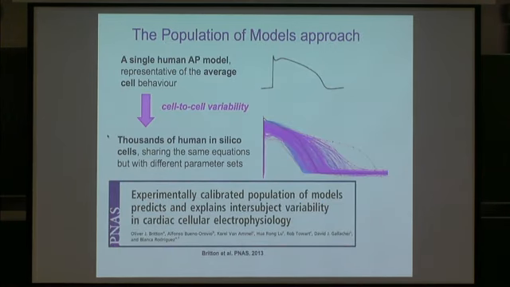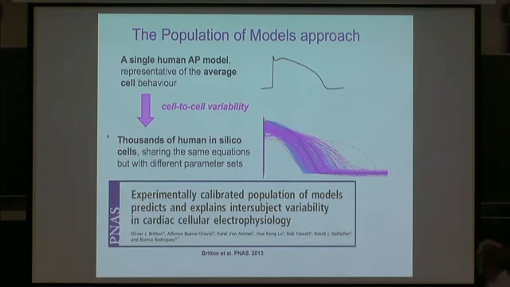So what is this population of models approach? It's very simple. Let's think of it. You have a cell model described by an ordinary differential equation, has a certain formulation, has a number of parameters that maybe are unknown or characterizable to certain stratifications of population.